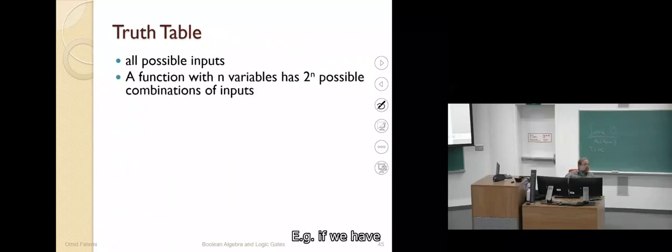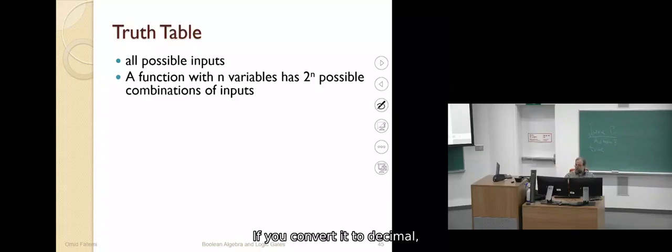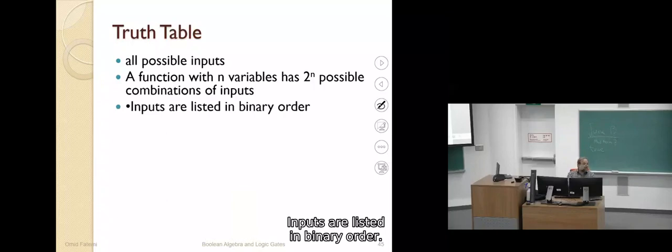For example, if we have a function with 3 variables, 3 inputs, then it means that we have 8 possible states, 8 possible conditions, and they would be 000, 001, 010, 011, 100, 101, 110, 111. If you convert them to decimal, they represent the numbers from 0 to 7. Inputs are listed in binary order.